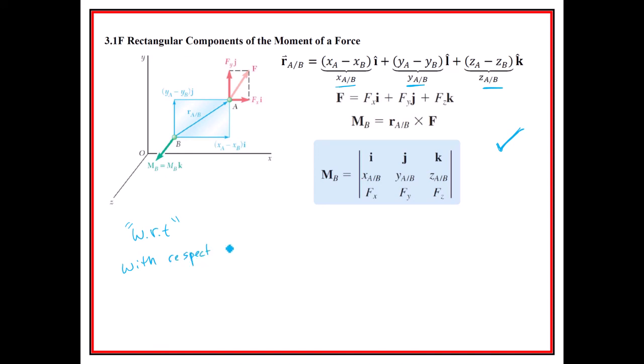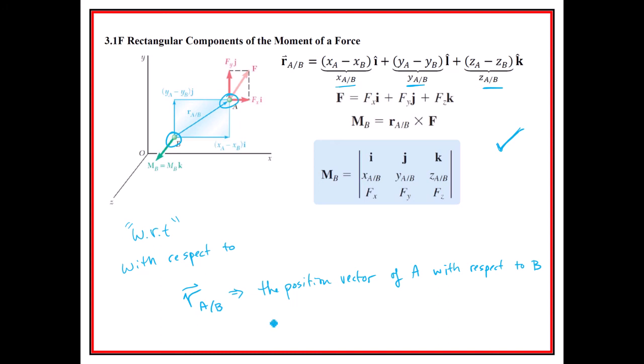If I write R_AB, that means the position vector of A with respect to B. That means that you're starting at B and you're looking at A, right?